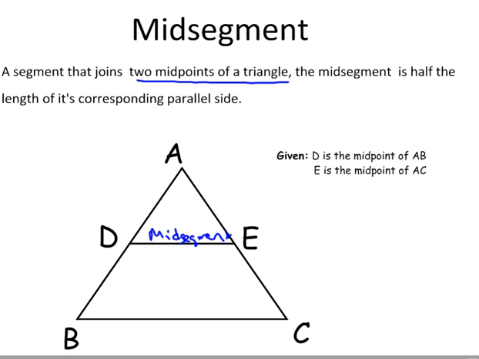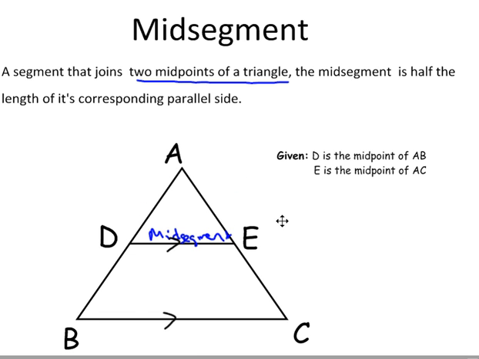Now, the second part of our definition says the mid-segment is half the length of its corresponding parallel side. So DE, as you can see here, will be parallel to BC. And these are corresponding sides because the triangle here on the top is similar to the big triangle.